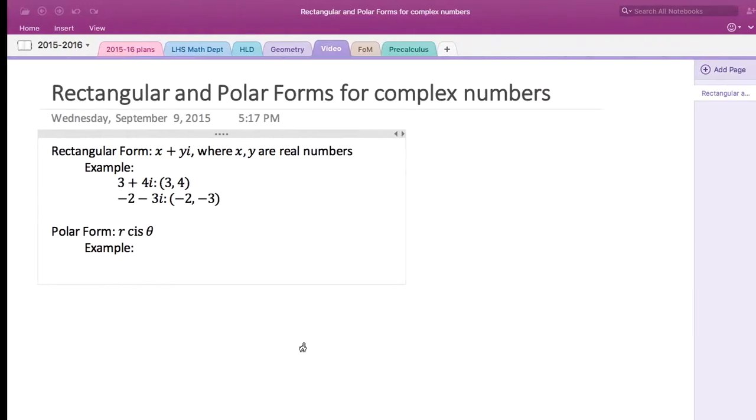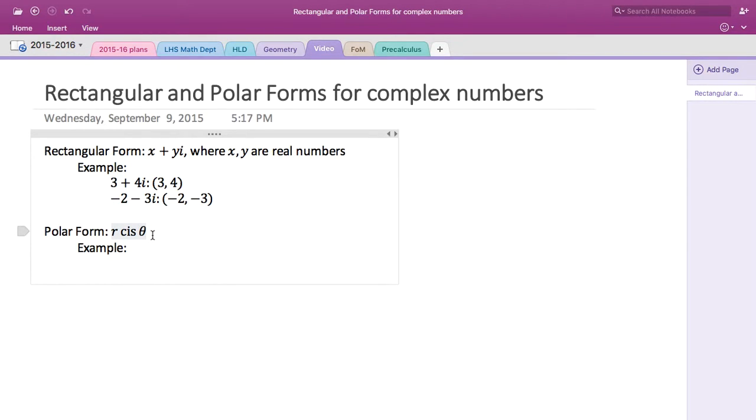So that's the rectangular coordinates. How about polar form? In general, we have r cis theta. This is the abbreviation of r cosine theta plus r sine theta.